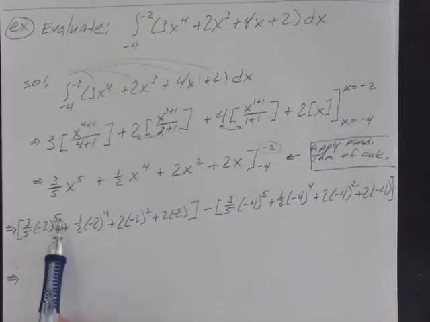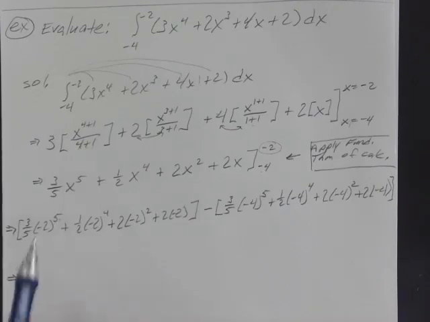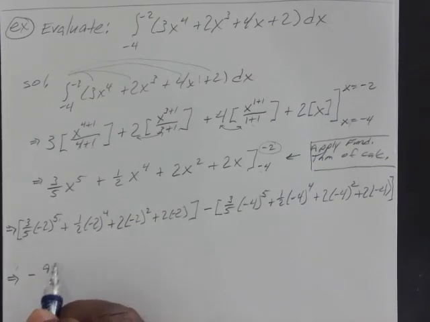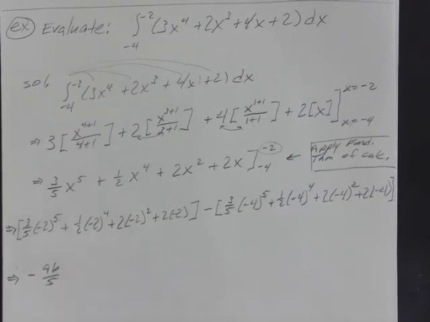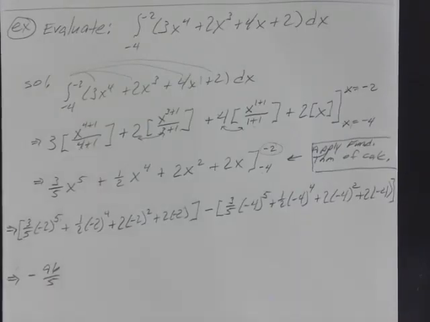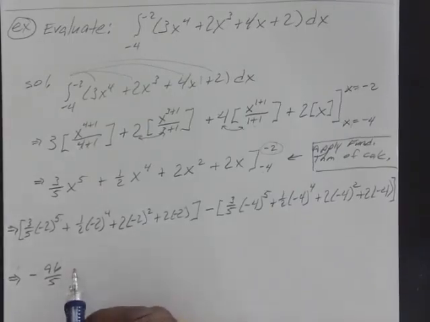Okay, so we have -2 to the 5th power, which is -32 times 3. That gives us -96/5. Plus, we have -2 to the 4th power. 2 times 2 is 4, 4 times 2 is 8, 8 times 2 is 16.